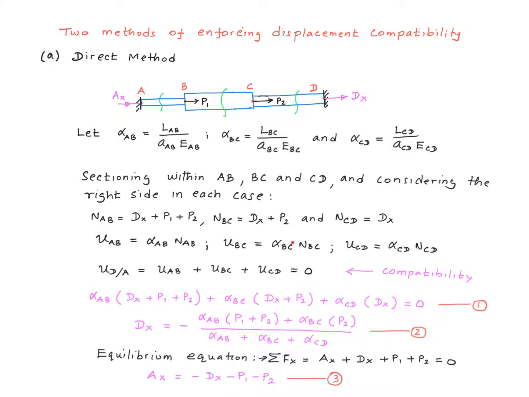Now combining all of these equations, we get this expression for DX, and then using the equilibrium equation, we get this expression for AX. So this is how we solve for both unknown reactions, AX and DX. Now we can evaluate numerical values for the deformations of the segments, and then we can calculate displacements of any point on the beam, like point B or point C.